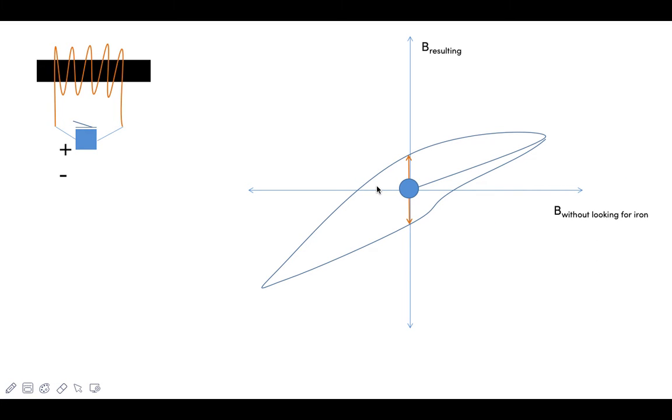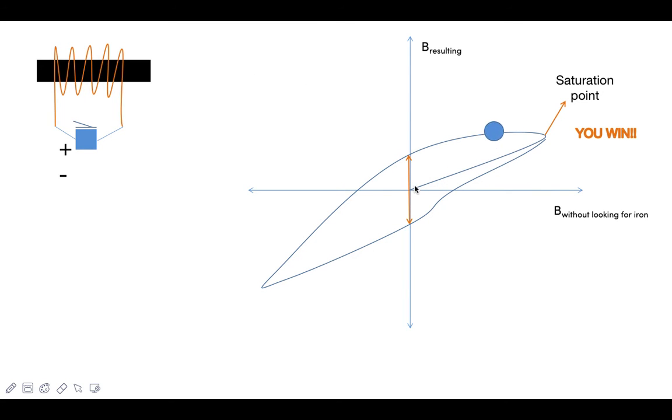This is a graph I'm going to describe about magnetic hysteresis. Please pay attention. This is a metal bar, a ferromagnetic material. This is a wire connected to the battery, or the power source. When I switch the source on, it will charge the wire and create a magnetic field in the bar, and it will be magnetized.